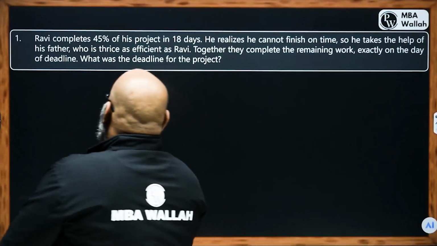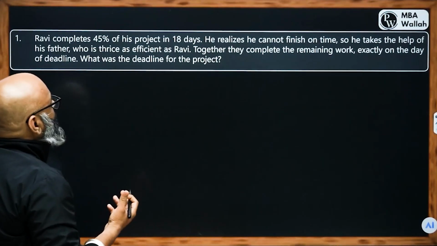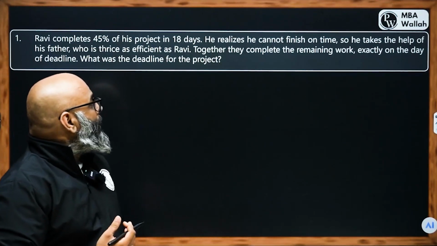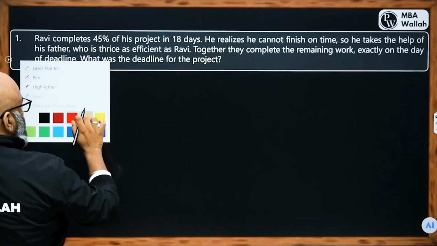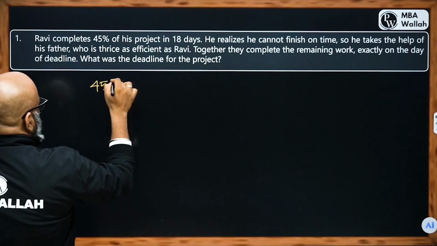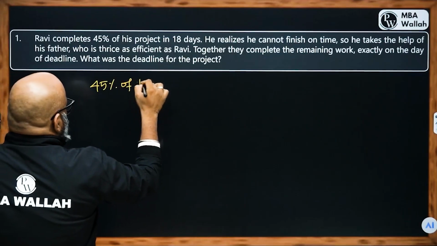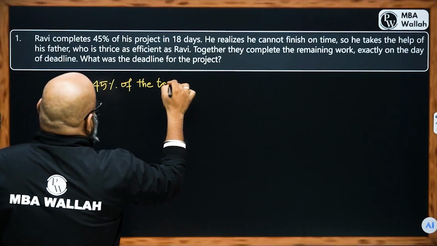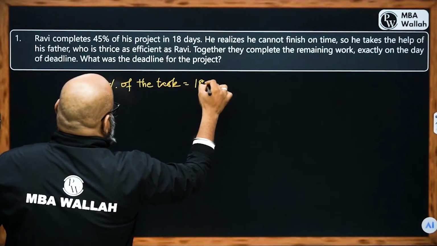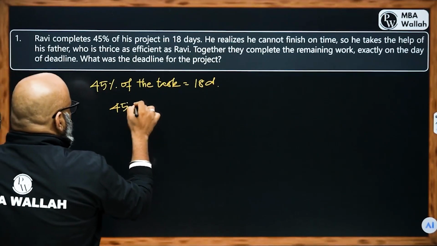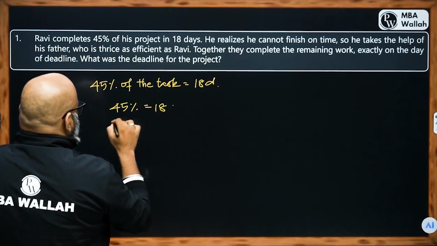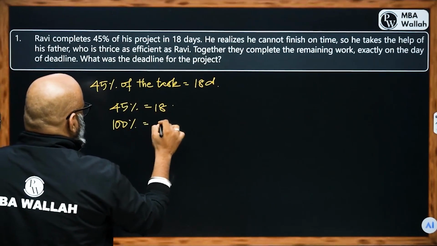Nice question. So let's say Ravi completes 45% of the task in 18 days. So we can do a variation then. 45% in 18 days, so what is the time taken for 100%?